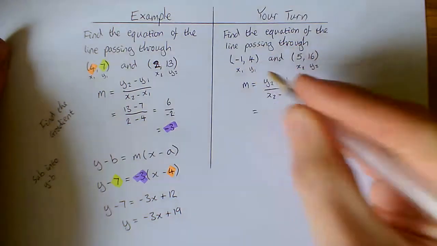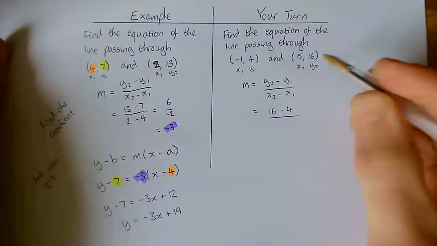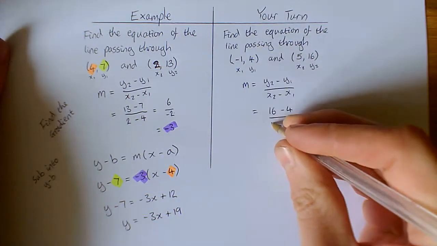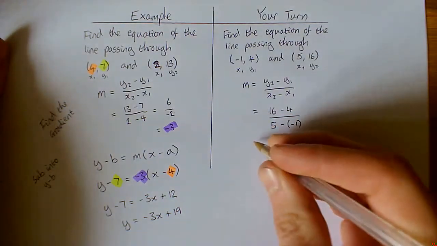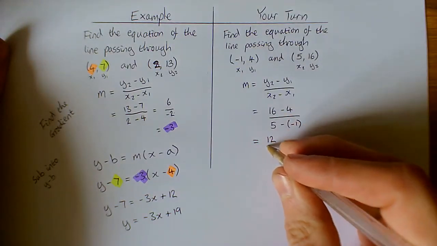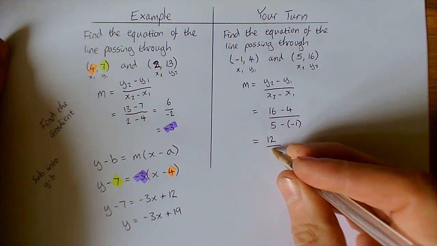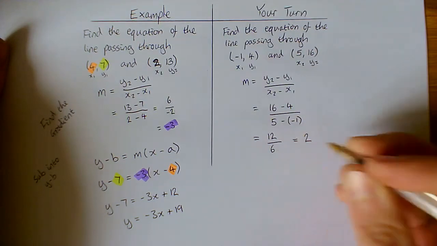So y2 take away y1 is 16 take away 4. x2 take away x1 is 5 minus 1. Let's figure that out. 16 minus 4 is 12. 5 take away minus 1 is 6. 12 divided by 6 is 2.